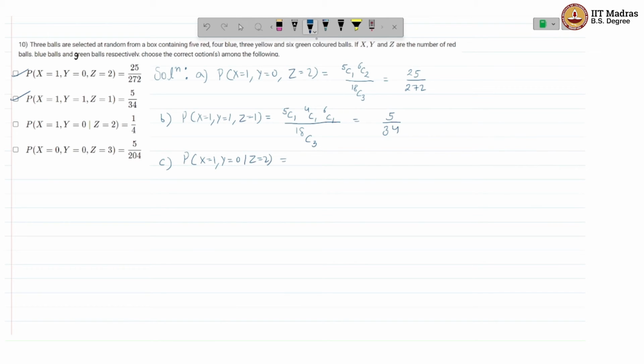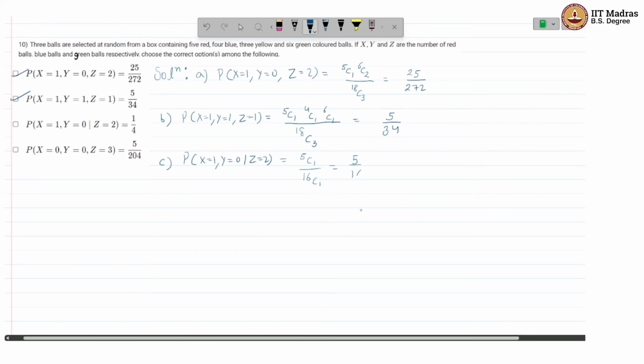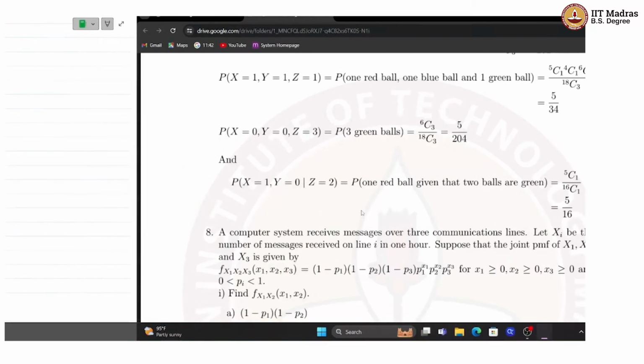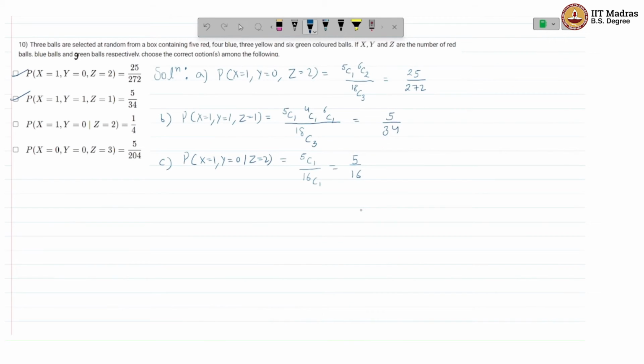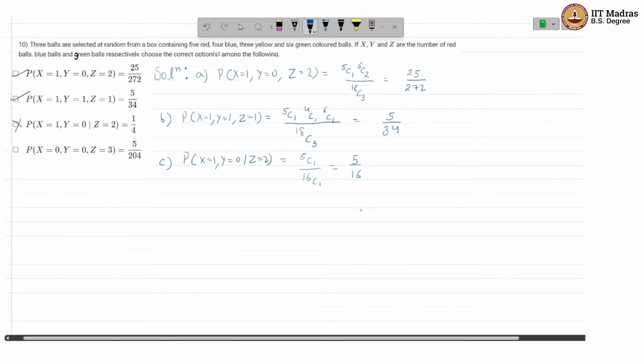So this will be equal to 5C1 divided by 16C1. This is equal to 5 by 16. So option C is incorrect.